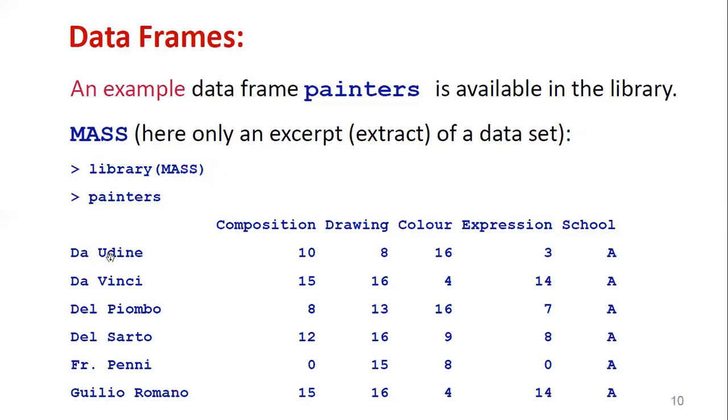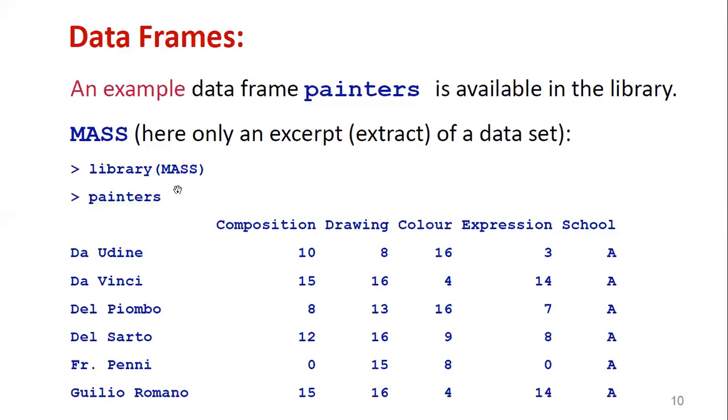That means different persons, painter names, for example Da Udine, composition 10, drawing 8, color 16, expression 3, school category A. Like that, multiple records are stored in this data set.